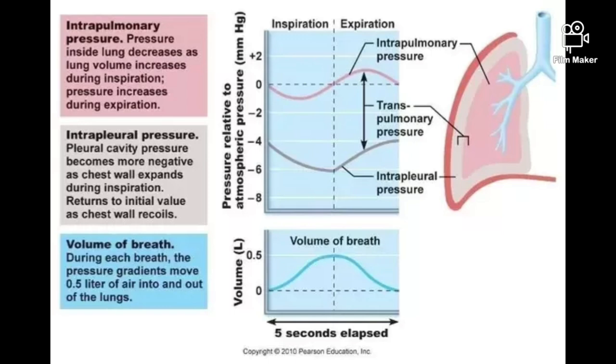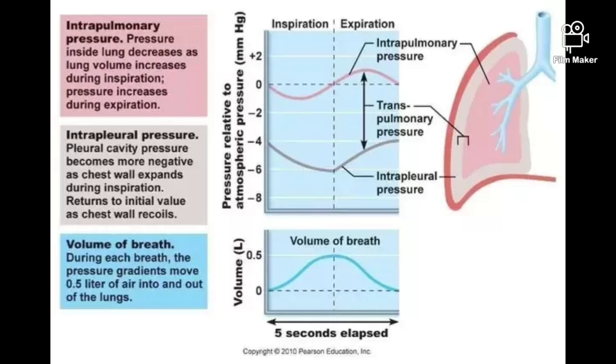It is the pressure gradient between the inside alveolar pressure and outside pleural pressure. It means it measures the force of lung elasticity at each point of respiration.